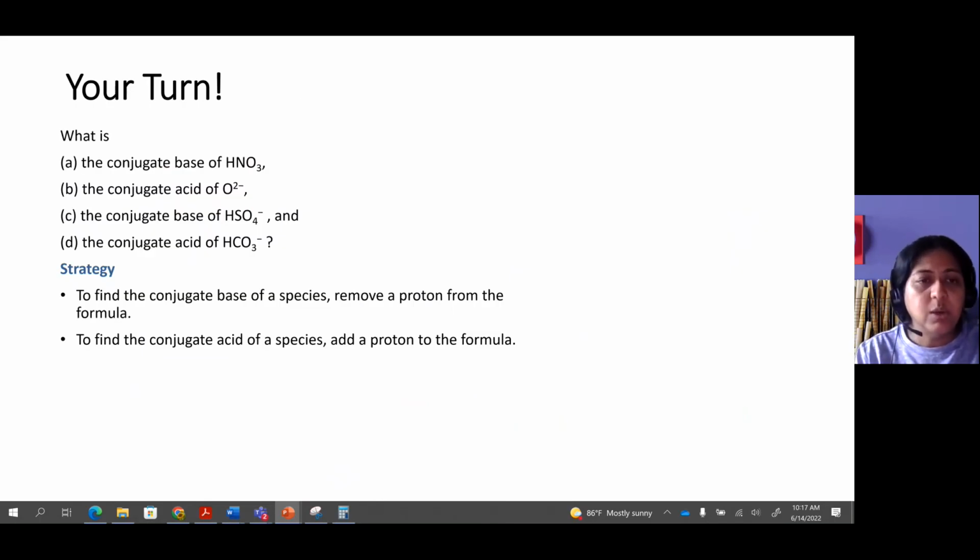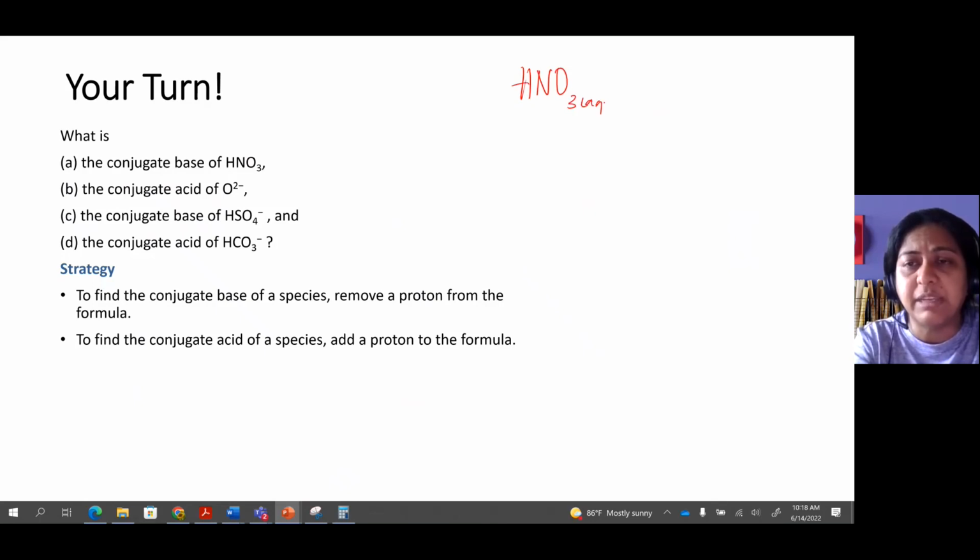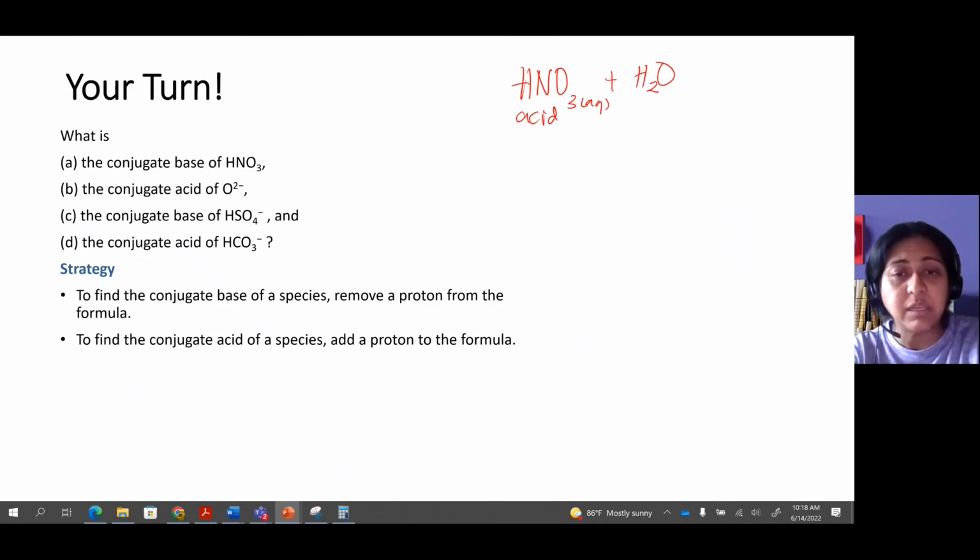Here is your turn. What is the conjugate base of HNO3? So let's write the equilibrium for this nitric acid in water. So this is the acid. An acid becomes a conjugate base after releasing an H plus.